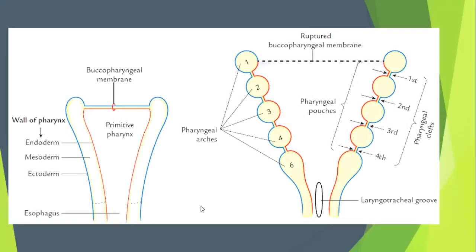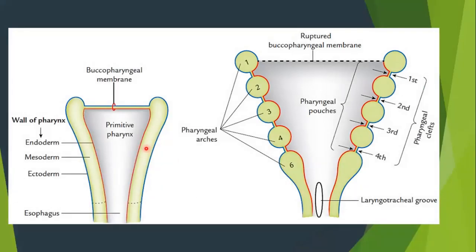Let's look at that in a diagram. Here you can see the wall of the primitive pharynx lined by the endoderm internally, then mesoderm, then ectoderm. Then we have these elevations. These are your pharyngeal arches. In between the pharyngeal arches externally are your pharyngeal grooves or clefts, which are invaginations of the ectoderm, in blue, then in red is the endoderm.